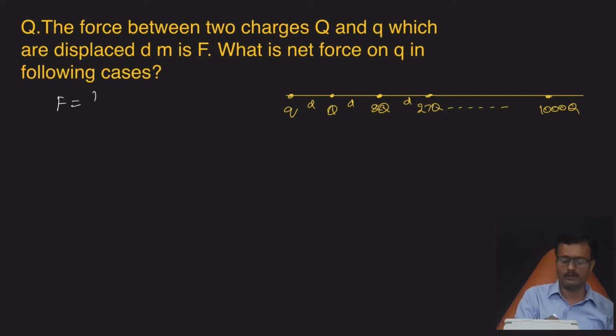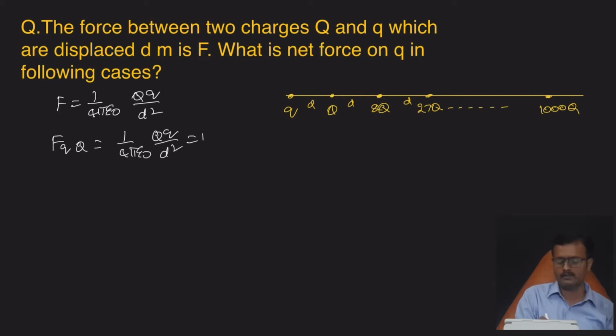F here is 1 by 4 pi epsilon naught Q q by d square, the force on small q by Q. So that is F. Force on q by 8Q is 1 by 4 pi epsilon naught q 8Q by the total distance 2d whole square, 4d square.